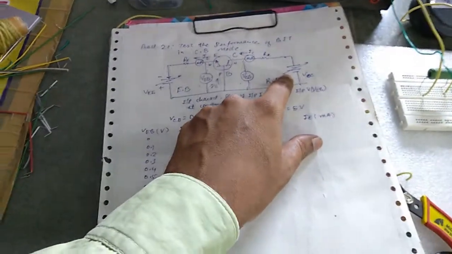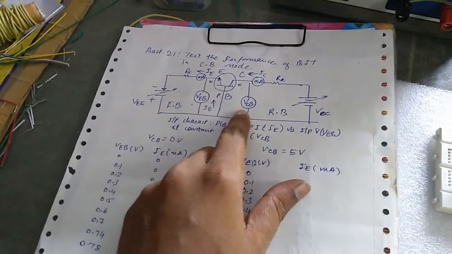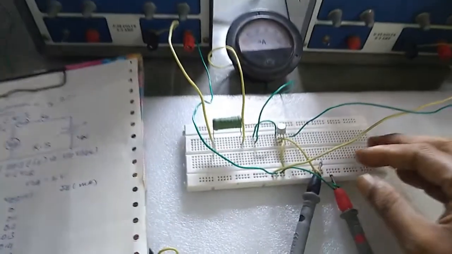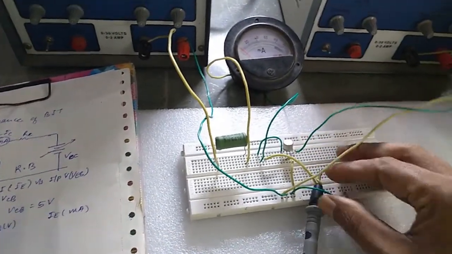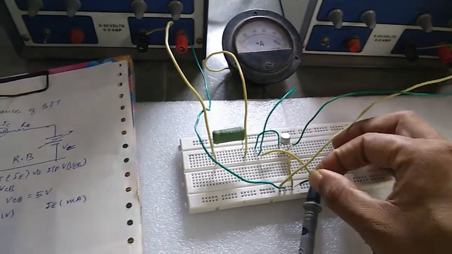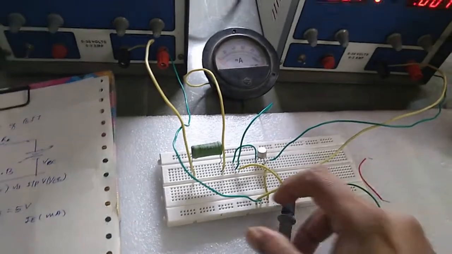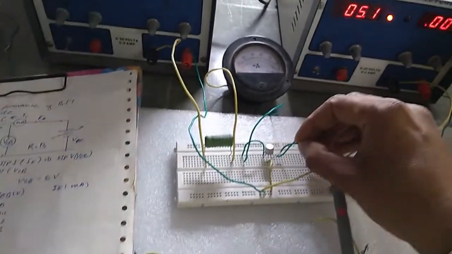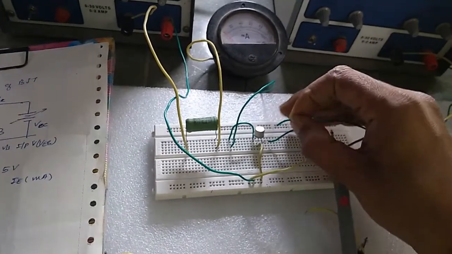Okay. So let us measure the value of VCB using the voltmeter across the collector to base terminal. So I will take out the terminals of this voltmeter, and I will measure across the collector to base terminal.